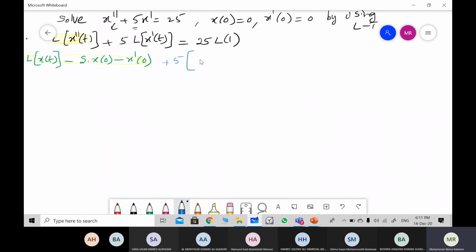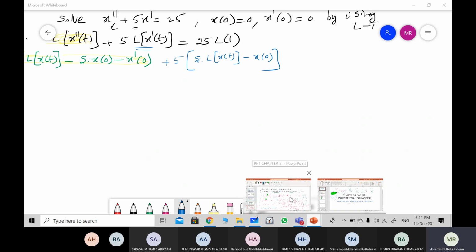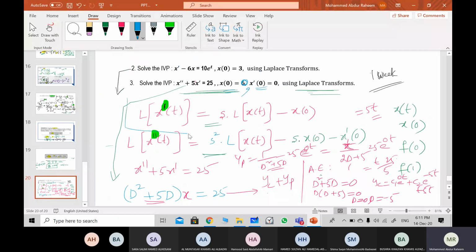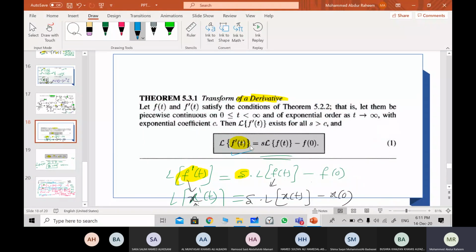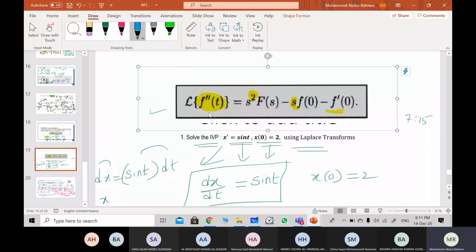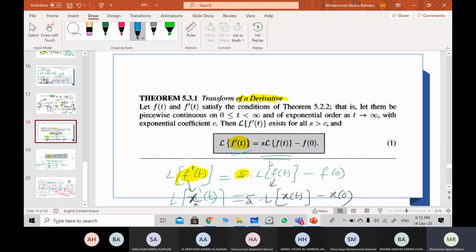The rule formula is s L of x(t) minus x of 0. Khalas. This one is for the first derivative, and this one for the second derivative, which is already given here also. If you take x, then you can write this as L of x(t), and this will become x of 0, this x dash 0, like that. This is for the first derivative.